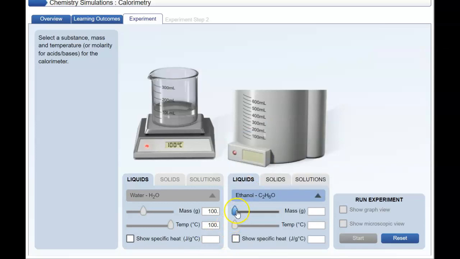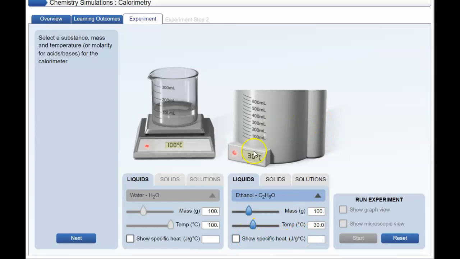We set the mass as the same mass because it's easier to calculate later on. Now for the temperature, we are not heating up your ethanol. So we have to choose a temperature that is standard when we leave a calorimeter inside a room, basically room temperature. So we choose 30 degrees.